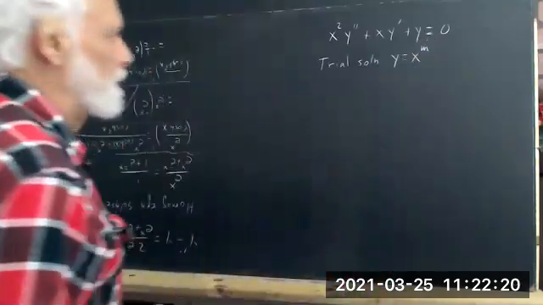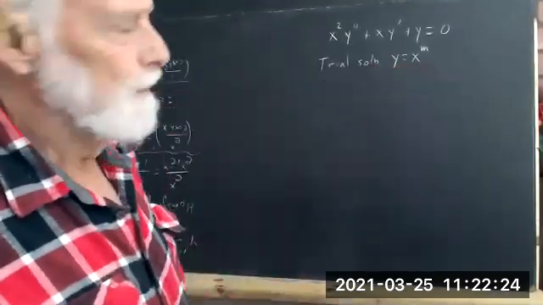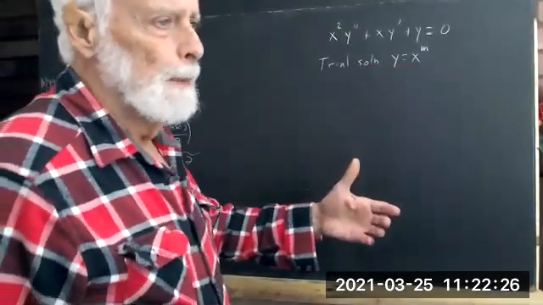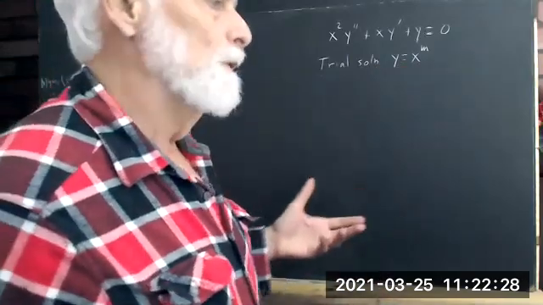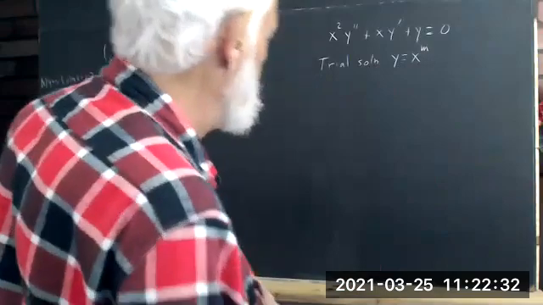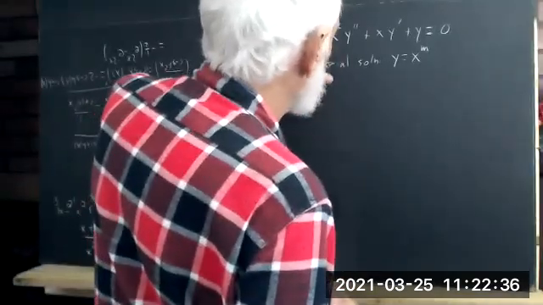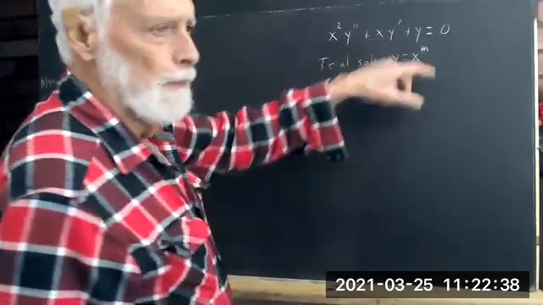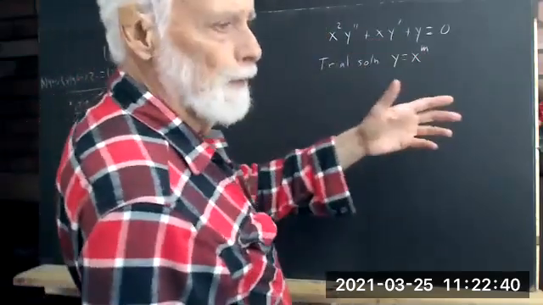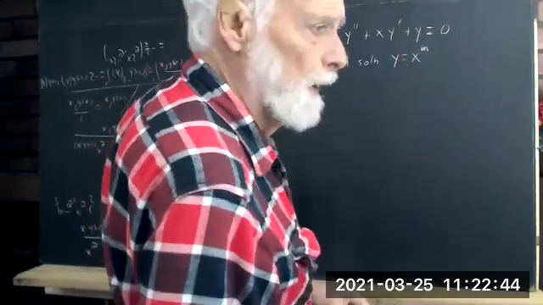The trial solution would be y equals x to the m, where m is unknown. Okay. I can't remember if you did a trial solution of that nature in solving the Bernoulli equation a while ago. And of course, if you had constant coefficients here, your trial solution would be an e to the rt. Okay, so just a different kind of trial solution.